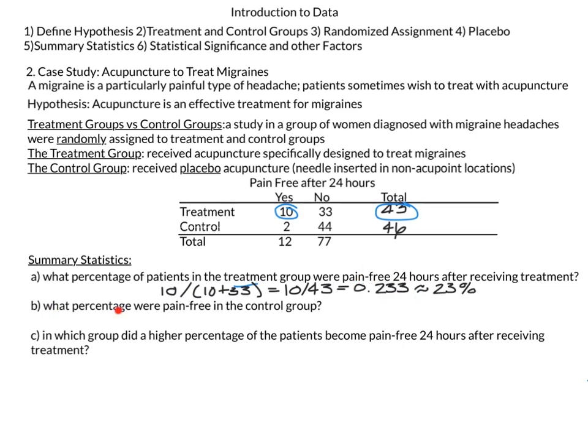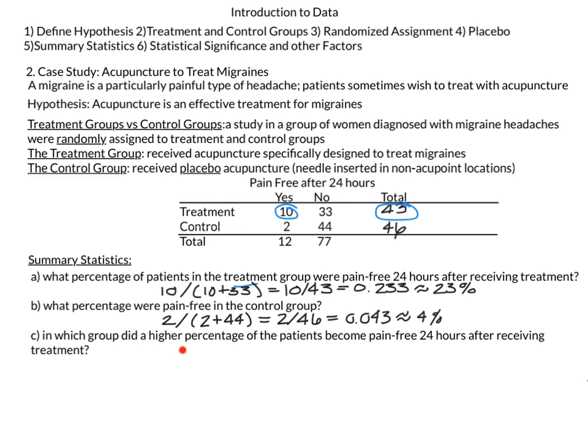Next, what percentage were pain-free in the control group? So we have 2 people out of the 46 people in the control group, which means we have 2 divided by 2 plus 44, or 2 divided by 46, which is 0.043. So moving the decimal over 2, that's approximately 4%.